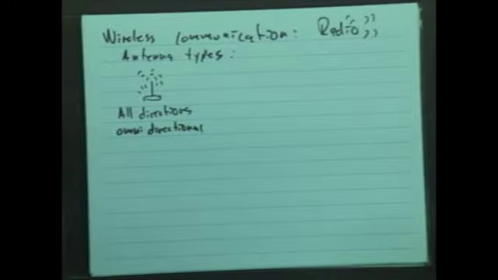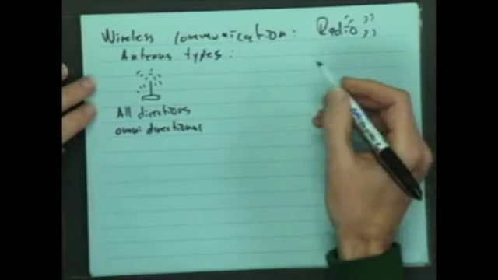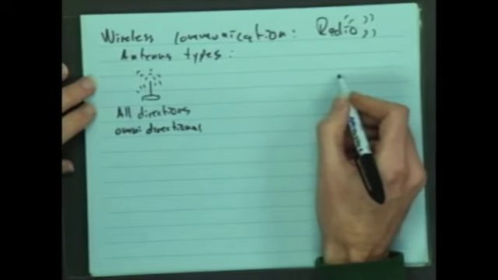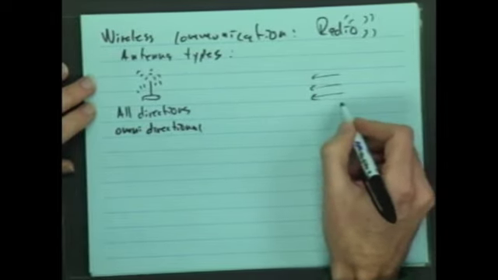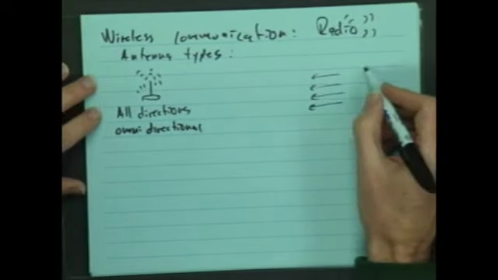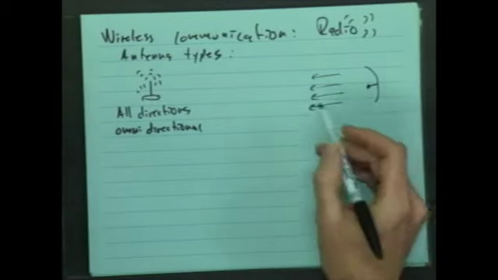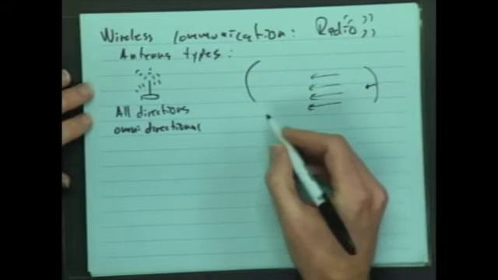All right? We have another type of antenna where everything goes in one direction. I'm going to have it come back this way. So let's say everything goes in one direction. I guess I can draw it right here. You can have an antenna that looks like this. Okay? We're mostly interested here in the receiving antenna.